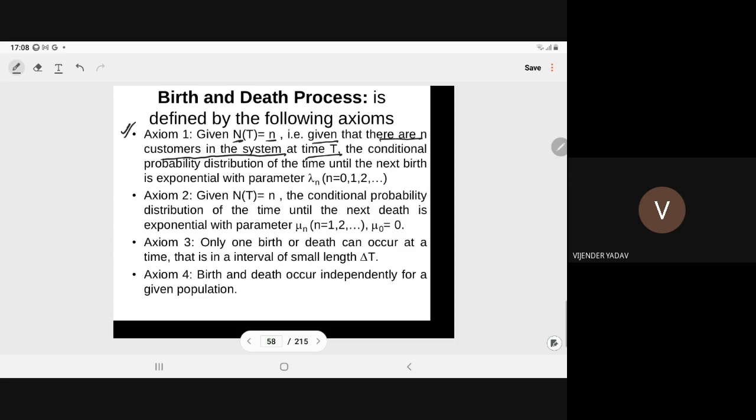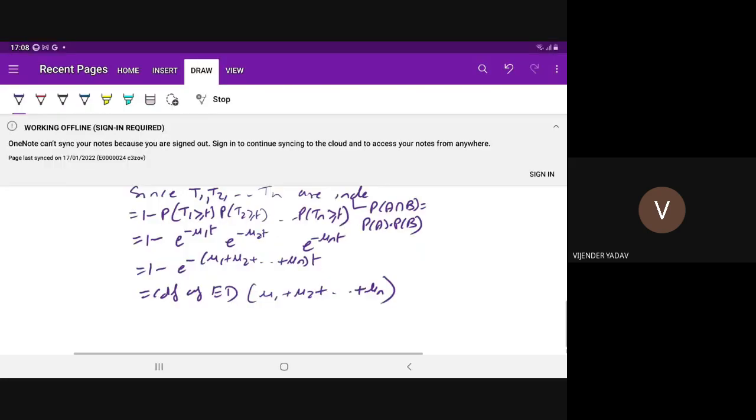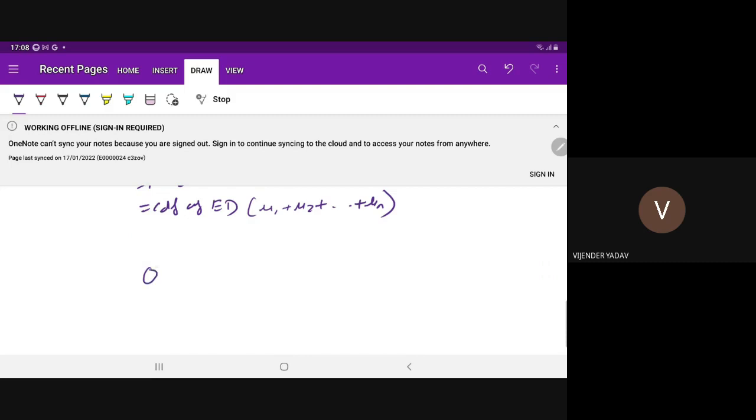So what is the meaning? That if there are 0, 1, 2, and here we have n customers, then the next customer will come.